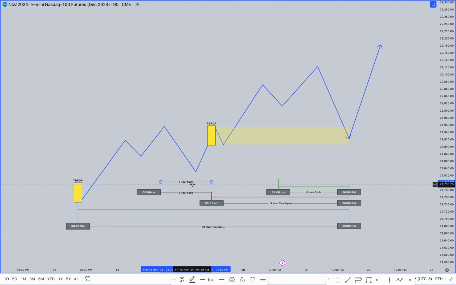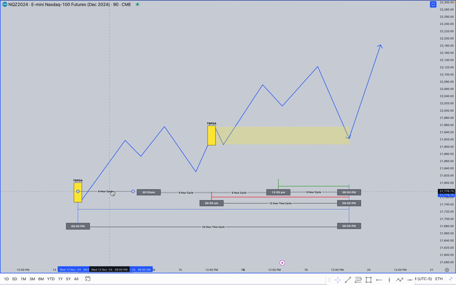But let me do it like this. Then let me do this like this. Can even remove this, and then we have this like this.